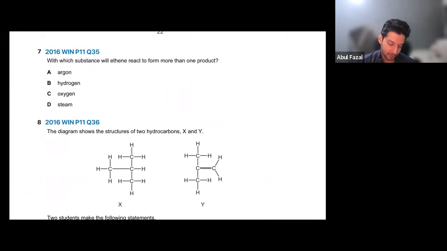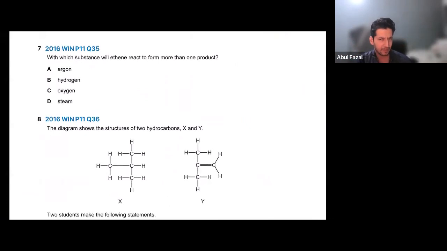Which substance will react with ethene? Ethene is so far the most reactive of all organic molecules. It's kind of crazy because I think we did 5 reactions with it. It cannot react with argon because that's a noble gas, but it can react with hydrogen. It can react with oxygen. It can react with steam.